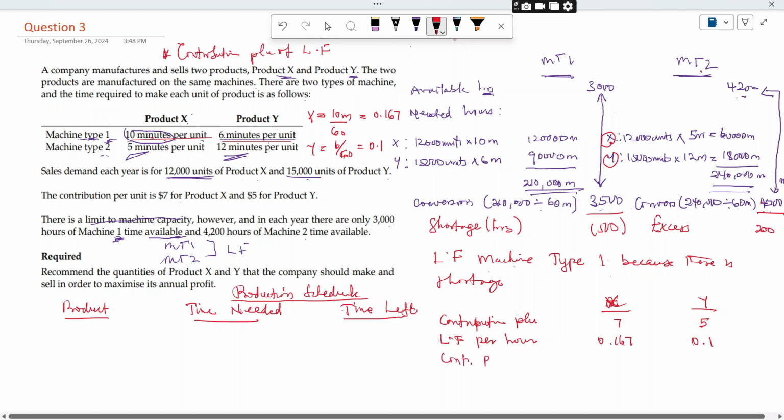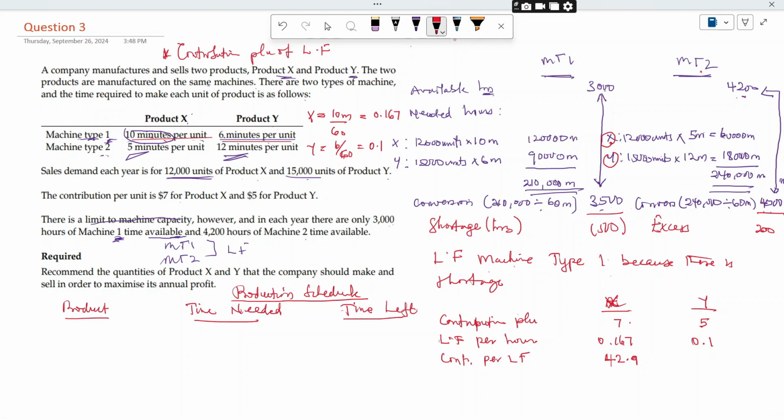Now look at contribution per limiting factor. We will divide 7 by 0.167. That will give us 42.9.